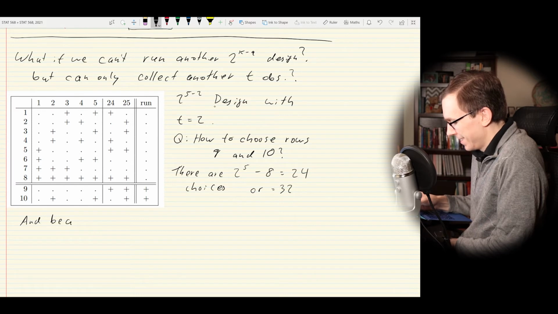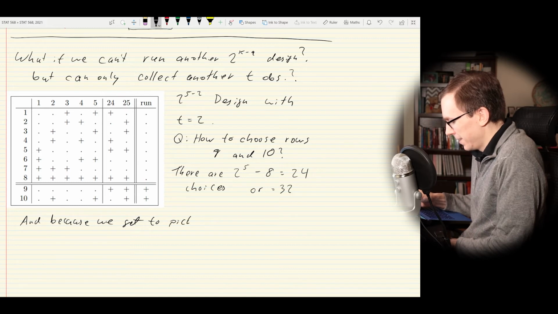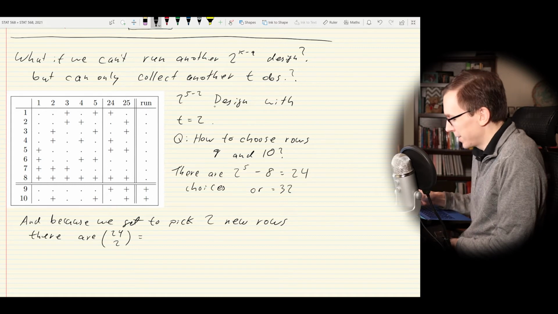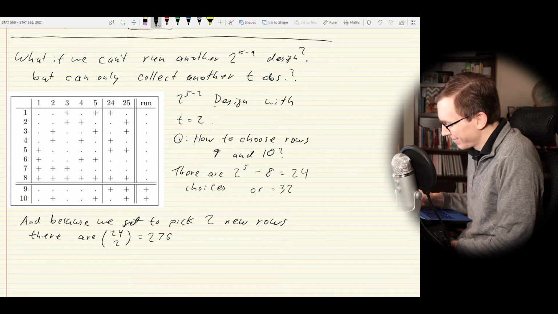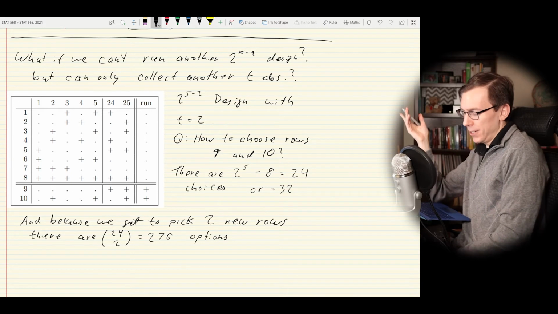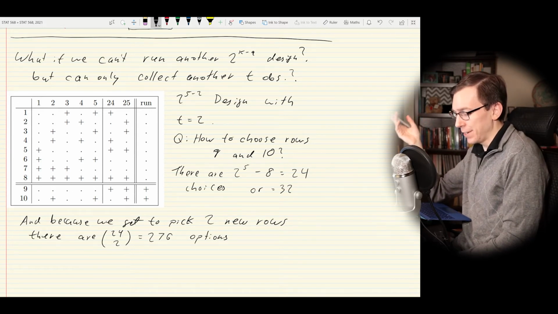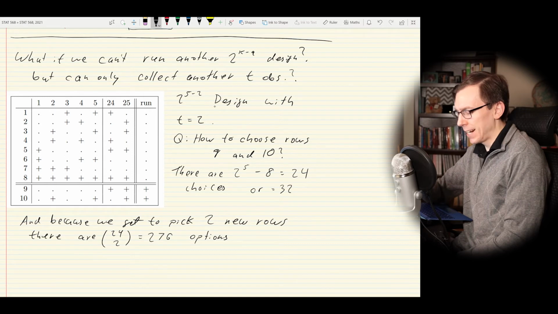Because we get to pick 2 new rows, there are 24 choices, choose 2, which is, I think, 276. I already calculated that beforehand. Options. Which means there are 276 different possible ways to choose rows 9 and 10.